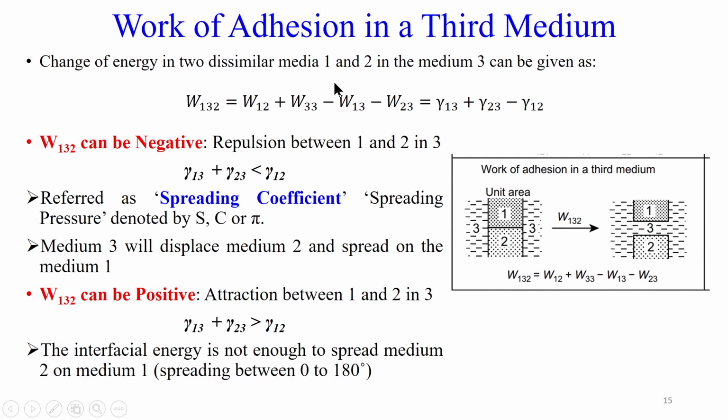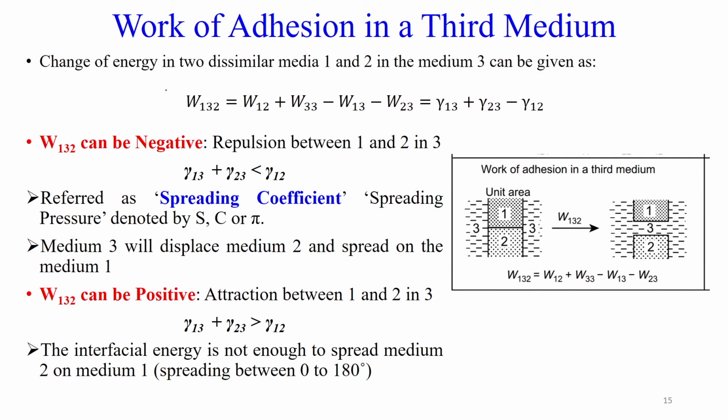Let us say now we have a third medium, changing the energy of two dissimilar media 1 and 2 into the third medium. Now, it will be the work done between 1, 2 and 3.